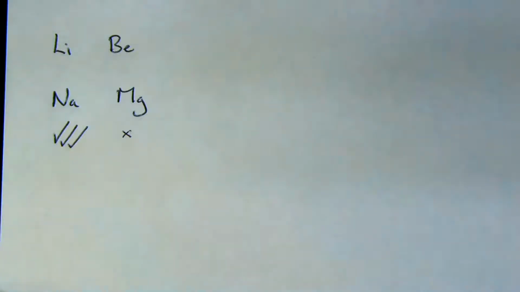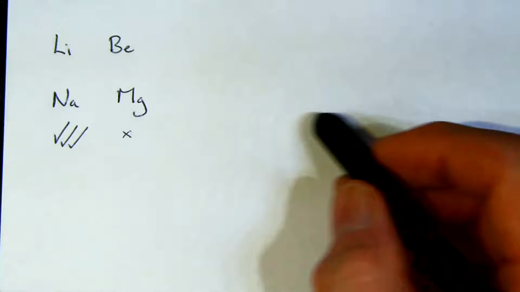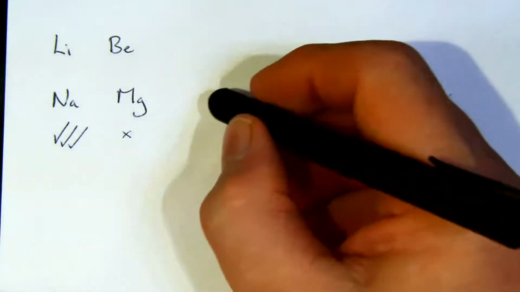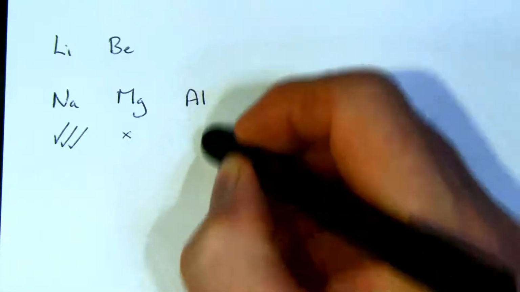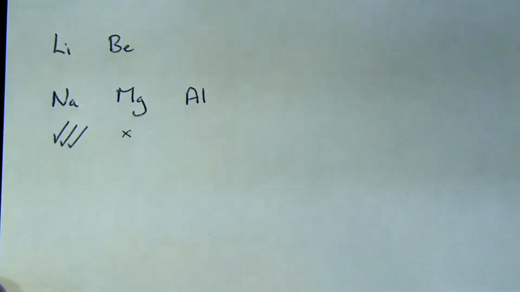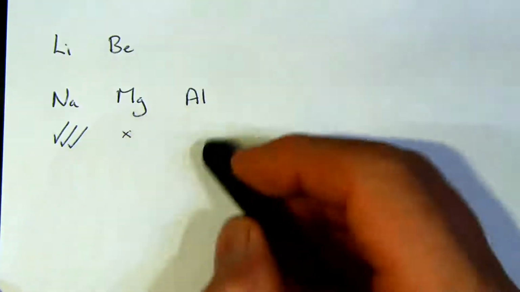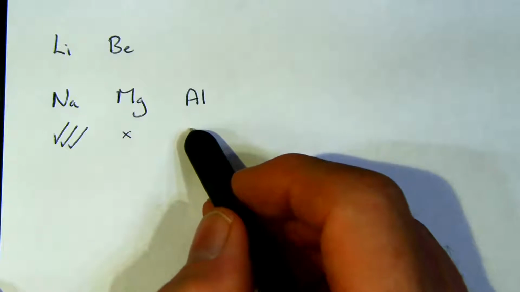And if we go across the period, we can see some other things happening. So my next element across is aluminium. Magnesium does react, that's only with water, but with other things it burns quite brightly. Aluminium, much more difficult to try and get this to burn.